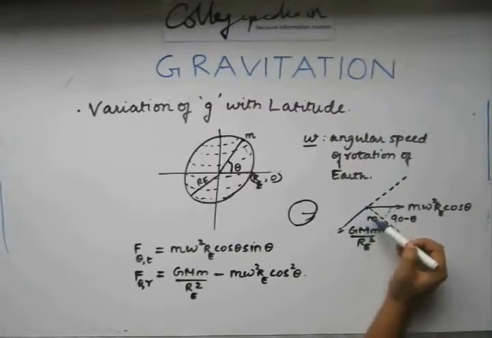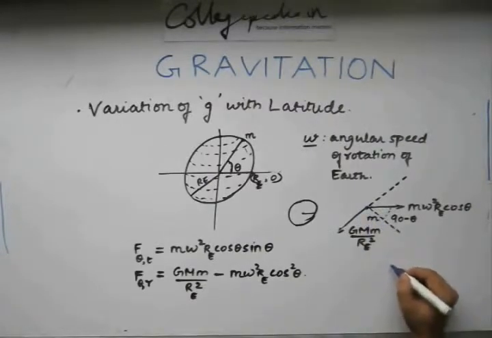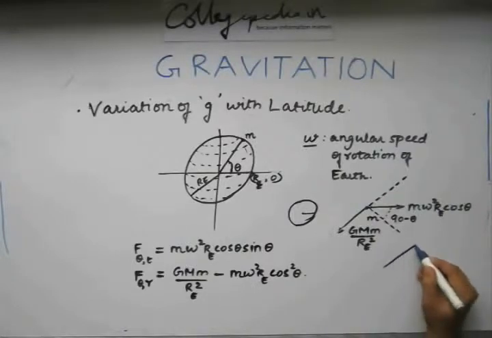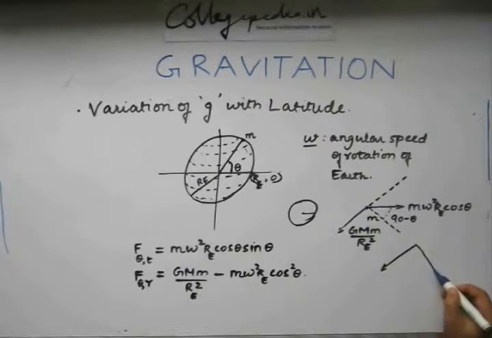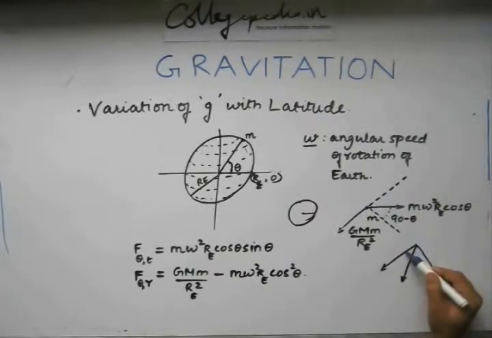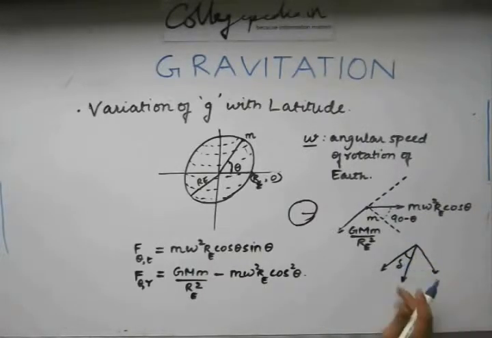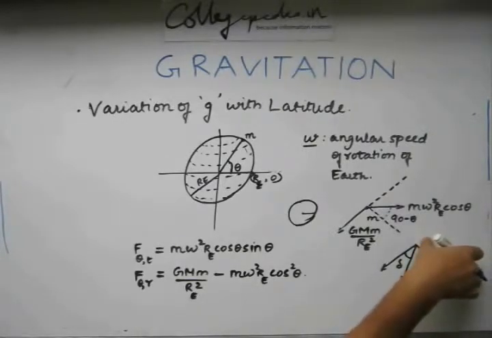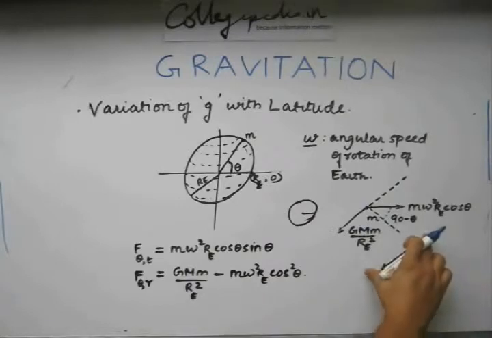Let me jot it briefly. This is one force, this is another force, this is the normal, this is the tangential. We will have a net force in this direction. The angle which it makes with the normal, let's say is delta. We need to find the tan of delta, which is nothing but the force in the tangential direction by the force in the normal direction.